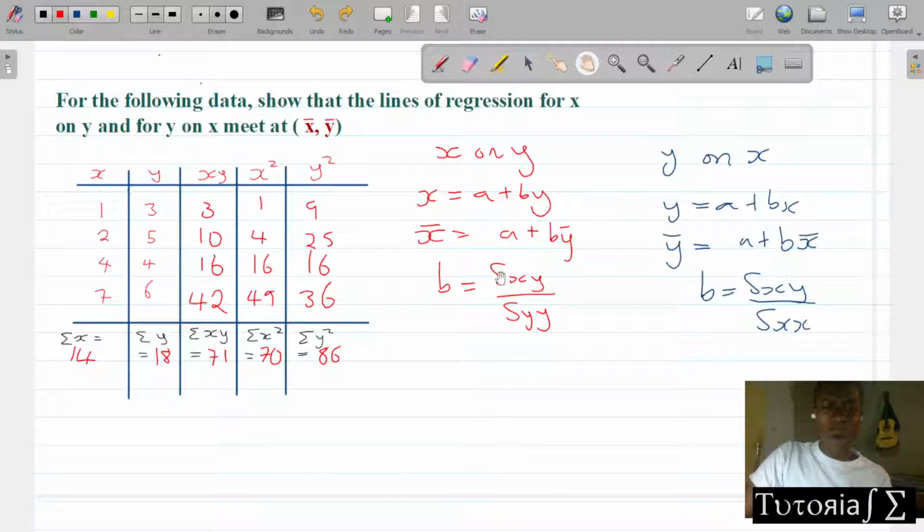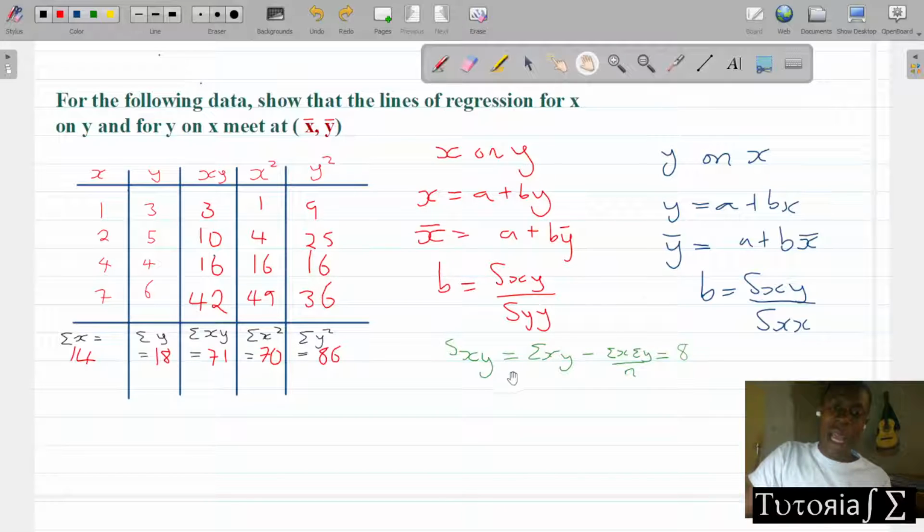Let me just explain what Sxy is. Sxy, the same for both, is equal to the summation of xy, which is 71, minus the summation of x, which is 14, times the summation of y, which is 18, over n. When you replace those values, you're going to get 8.